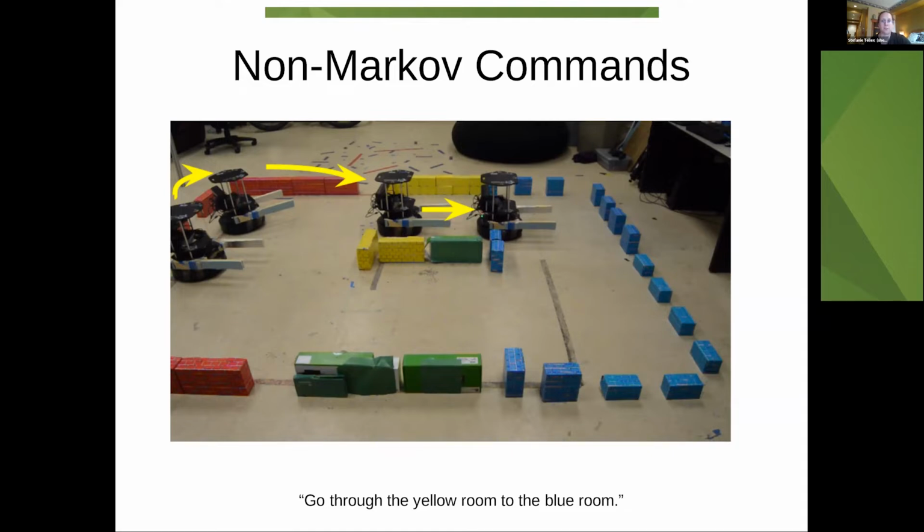The challenge with these commands is that when you're using a planning based representation where you're representing the goal, and you're using a Markov representation where you only get to see the current state, you can't tell the trajectory that a robot followed to get to the end location. So you can't reward the robot for going through the yellow room once the trajectory is done, because you only get to see where you are right now. You only see now I'm in the blue room, and not how the robot got to the blue room.